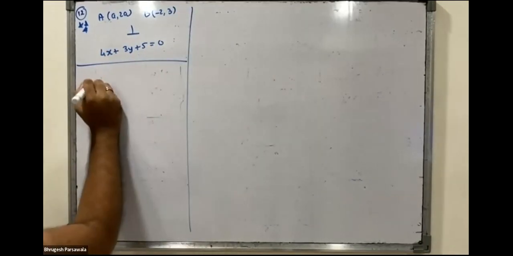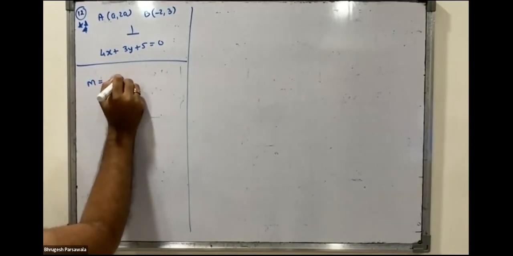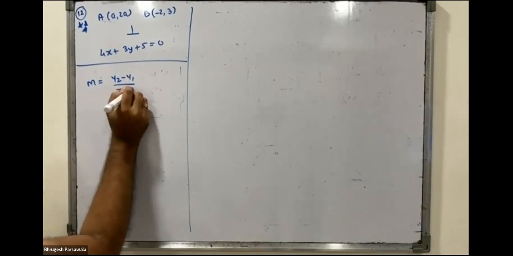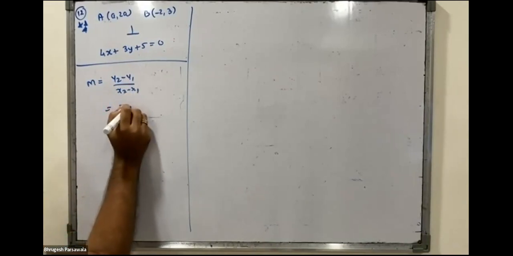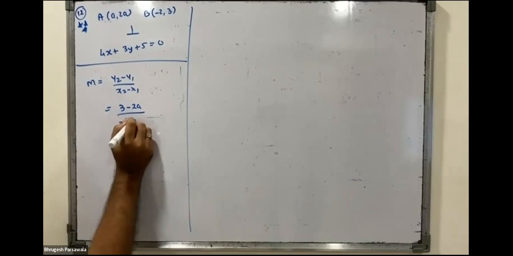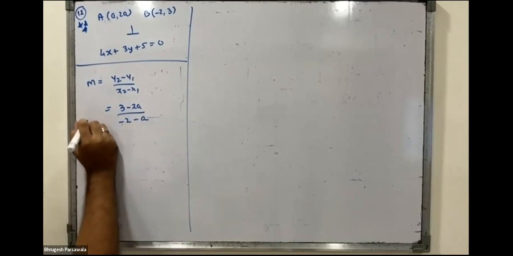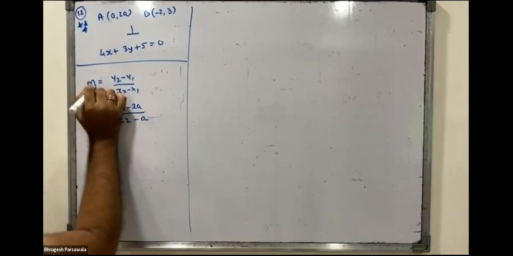Okay. In this case, kaise slope dhundhna beta? y2 minus y1 upon x2 minus x1. So 3 minus 2a upon minus 2 minus a. Okay. This is my m1.